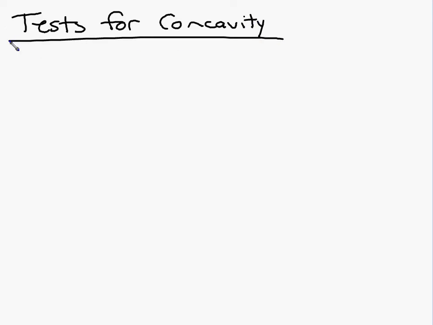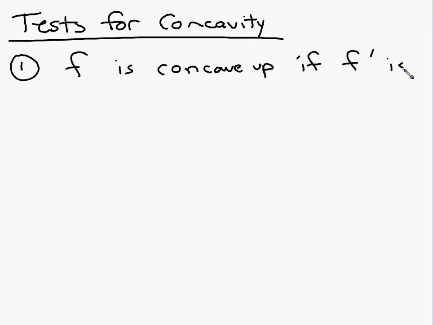Number 1. F is concave up if f prime is increasing on an interval. Which we just talked about, relating x squared and 2x. All right.